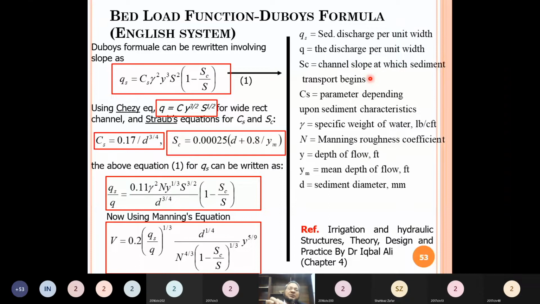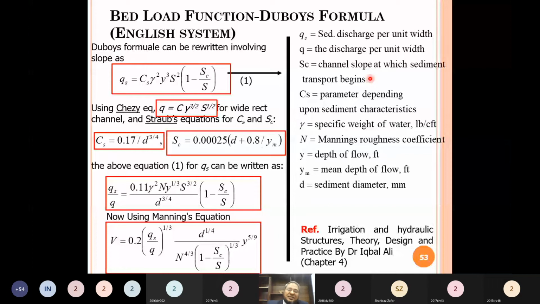When these two forces, the opposing forces and the resisting forces on a sediment particle, become exactly equal, that state of motion is called the critical state.